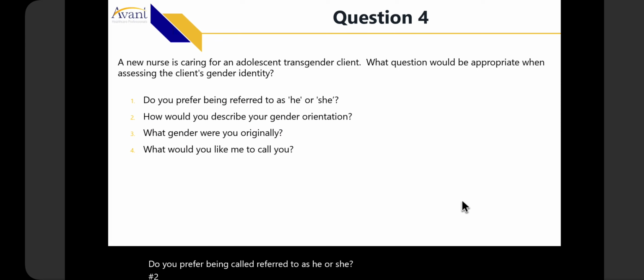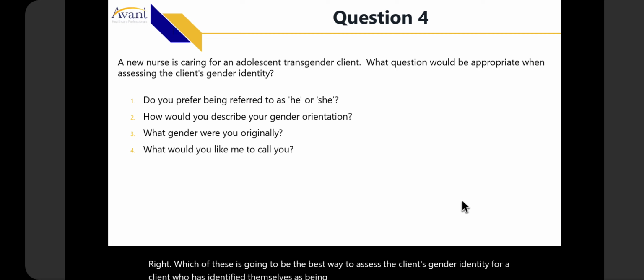Number 2, how would you describe your gender orientation? Number 3, what gender were you originally? And number 4, what would you like me to call you? Right? Which of these is going to be the best way to assess the client's gender identity for a client who has identified themselves as being transgender?